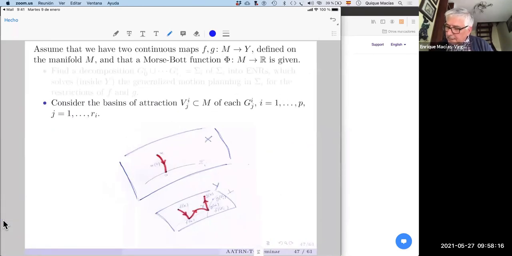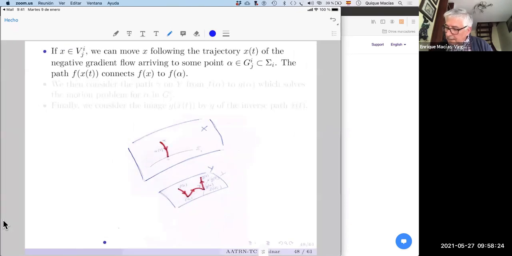Then you consider the basins of attraction of these pieces like this. And if you have a point here, you move the point through the gradient flow to arrive at the critical point, and you take the image of this path by the map F. And so you have the path from F(x) to F(gamma).